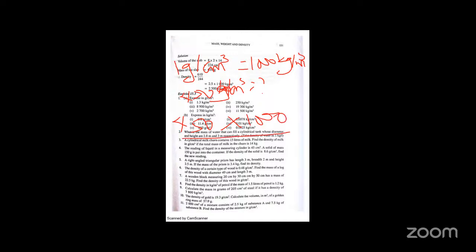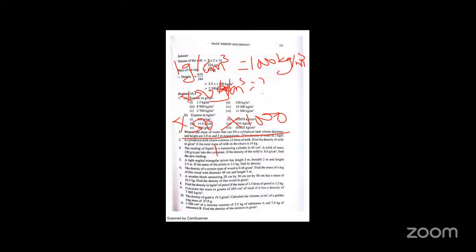Then the second one is Roman 5, which is 450. The same case, we say 1 gram per cubic centimeter is equivalent to 1000 kilograms per cubic meter. So how about 450 grams per cubic centimeter? When you cross multiply, you have 450 grams per cubic centimeter times 1000 divided by 1 gram per cubic centimeter.